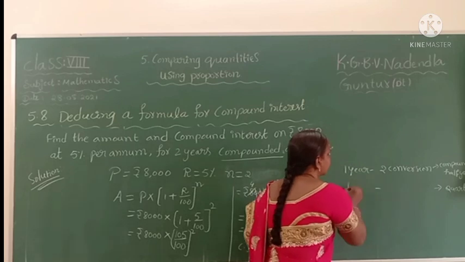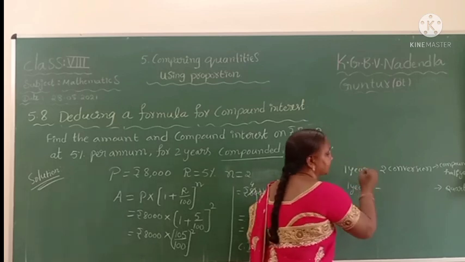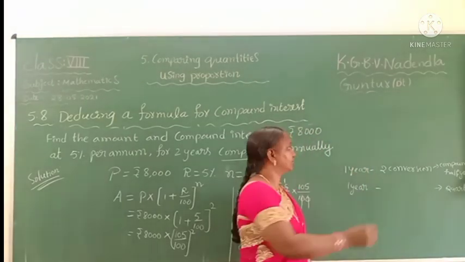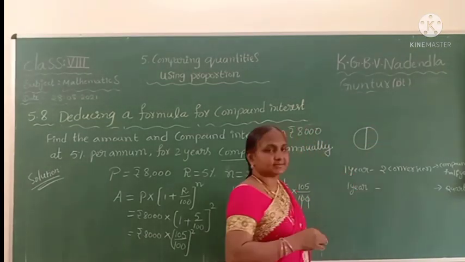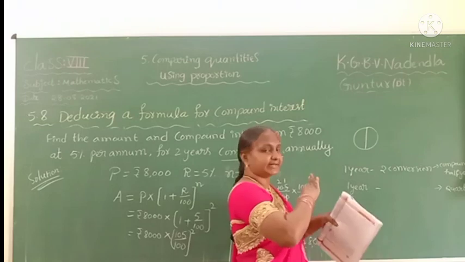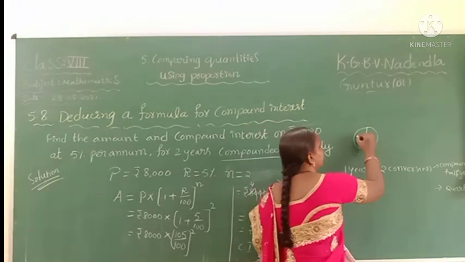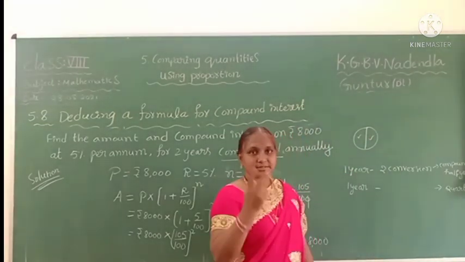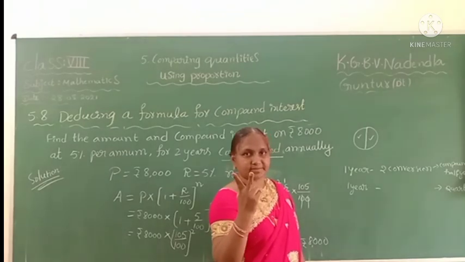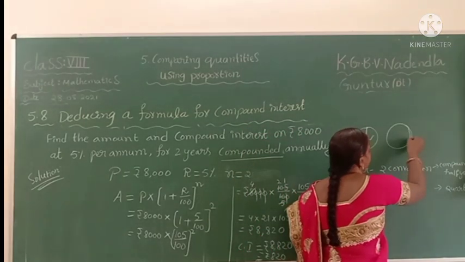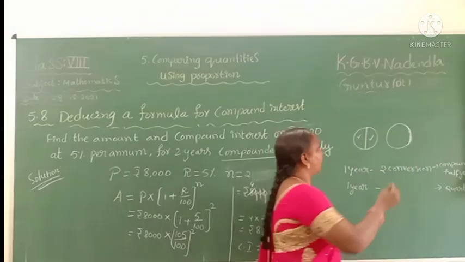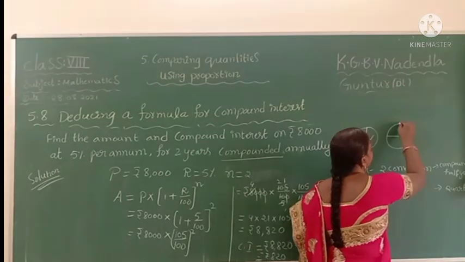then how many conversion periods are there in 1 year? There is a fruit. We divide into 2 parts. Half. We make it as half. Then it has divided into 2 equal pieces. Okay? If you divide the fruit into quarter part, what is the quarter part means? 1/4 part.